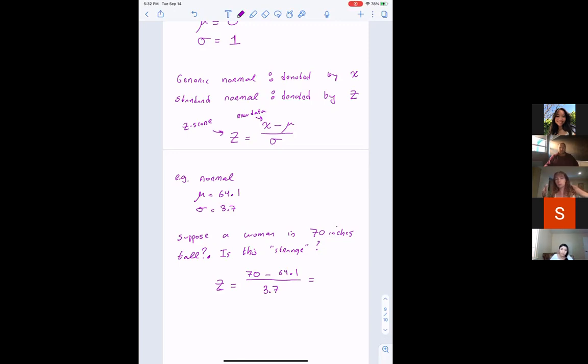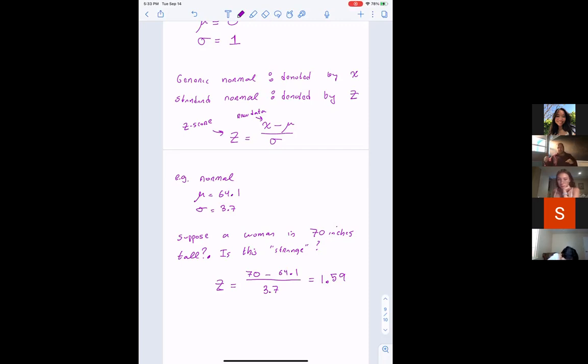Whoa there, buddy. I don't think so. 1.59. I'm not sure where 52.67 came from. Hold on, I'm trying something. I see where it came from. You have to put 70 minus 64.1 in parentheses because you want to divide the entire subtraction by 3.7.